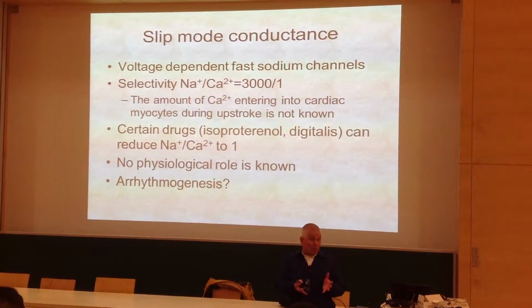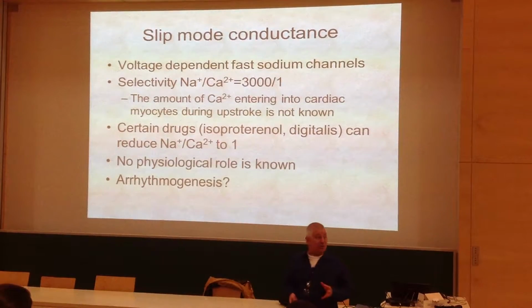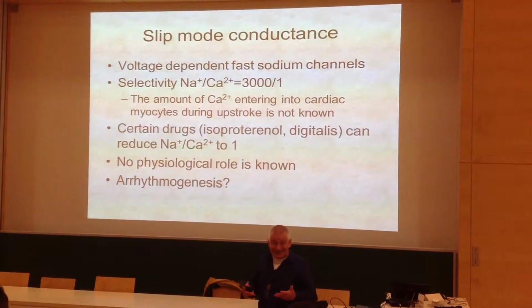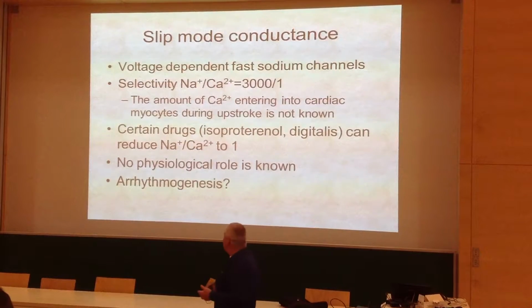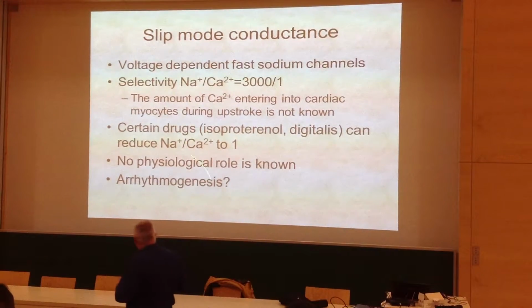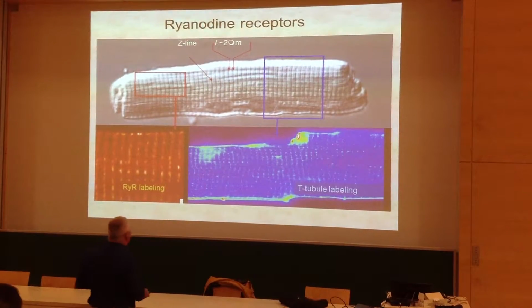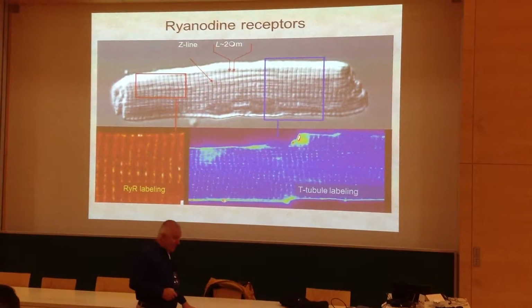So this is the well-known sodium channel. It simply allows a minor amount of calcium to enter, but in pathologic condition, this amount can be increased, also resulting in overload and, as you will see later, generating arrhythmic activity. These are the entry mechanisms.